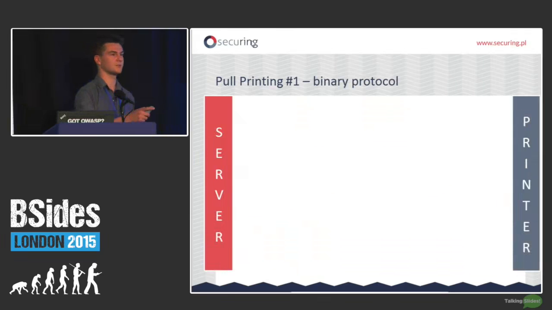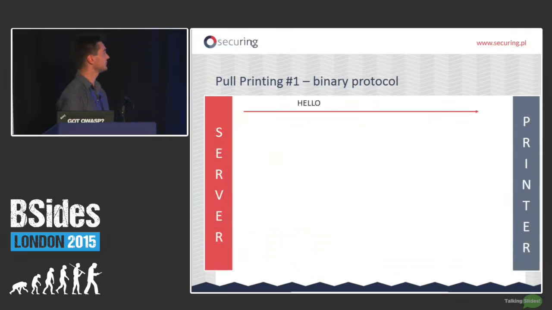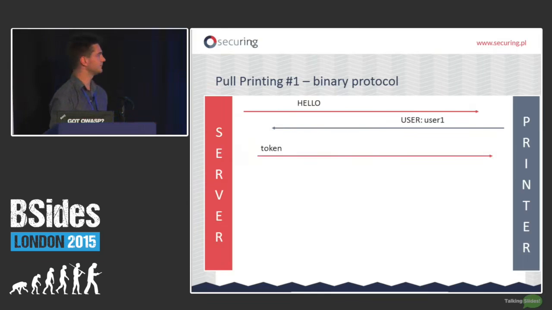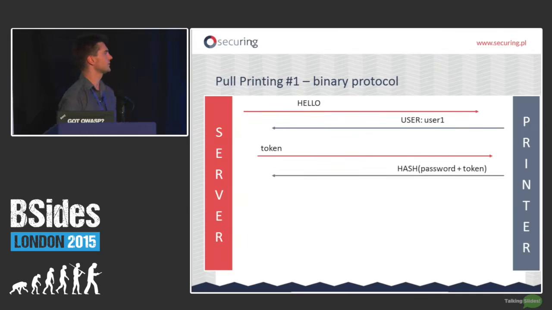So let's see the binary protocol in this pull printing solution. Here is a quality analysis of this protocol, of the raw packets on the cable. The print server sends a short hello message. After a user swipes his card at the printer, it sends his username. The server responds with some token. The printer sends a hash of the password and token.